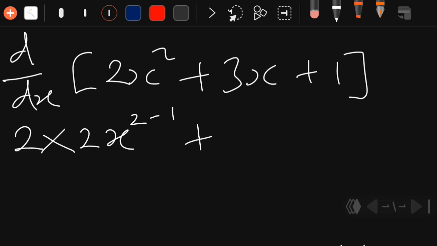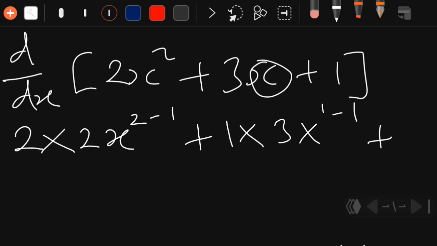What is the power of x here? The power of x is 1. So drop it and multiply with the coefficient of x, which is 3 times x to the power 1 minus 1. Plus, what is the differentiation of 1? Well, you have to know that the differentiation of a constant is always 0.